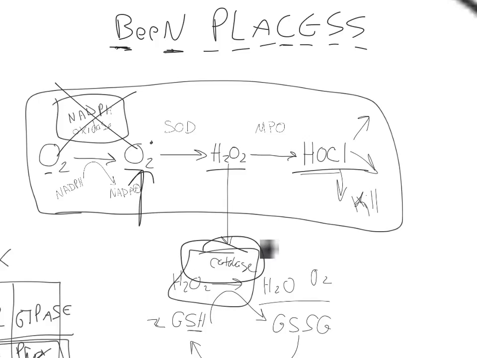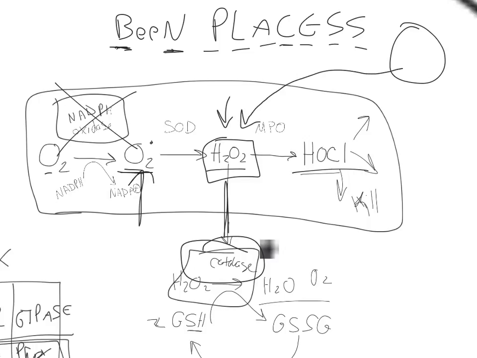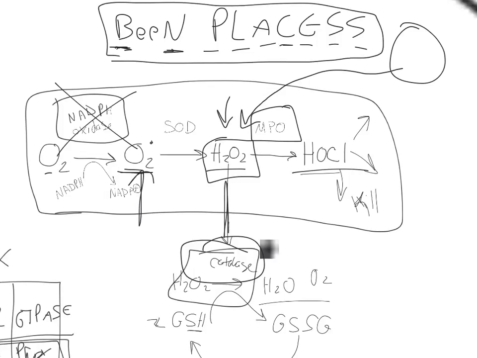Now, you're thinking right now, if you don't have hydrogen peroxide, if you don't have superoxide, you didn't make any peroxide, so why would catalase have any impact on these guys at all? And the answer is that bacteria, just in general, also make a small amount of H2O2, and so they can feed into myeloperoxidase to form bleach. But the catalase positive bacteria are destroying all of the peroxide that they are producing before they send anything out.